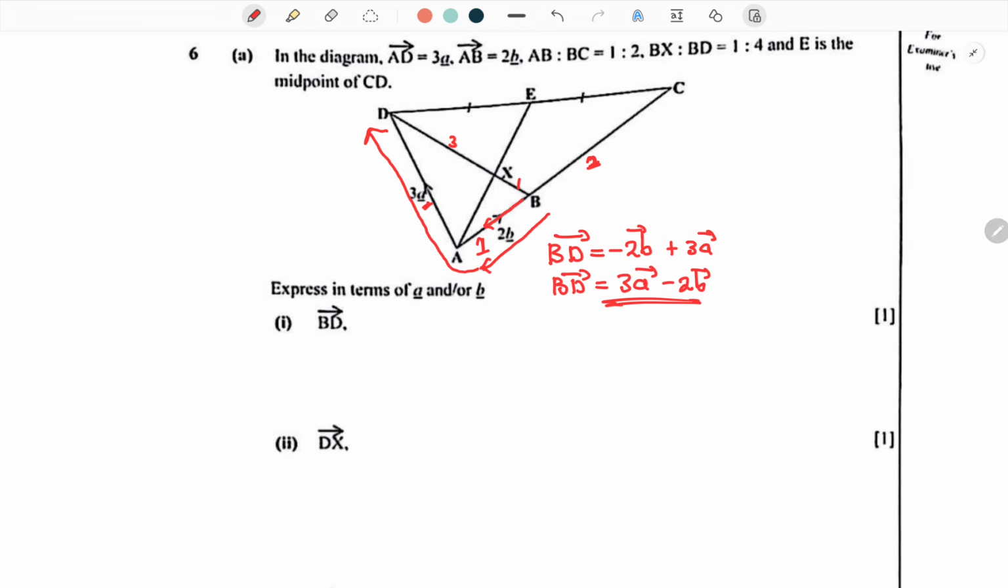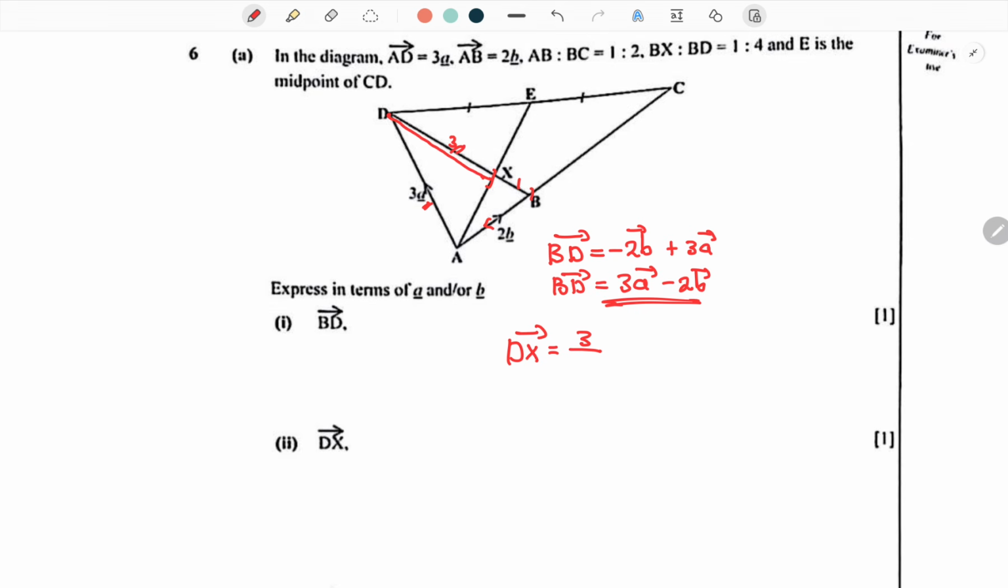We come to DX. DX is actually this line here. This is DX, and then this is 1. So if you want to find DX, you just get these 3, and then the entire line, DX is actually 3 of DB.